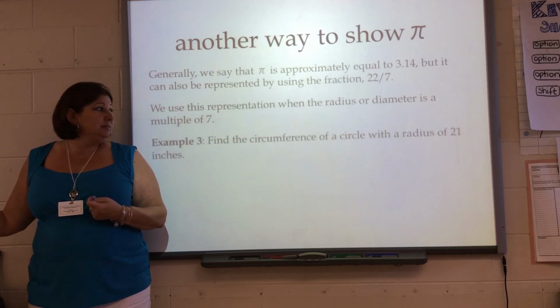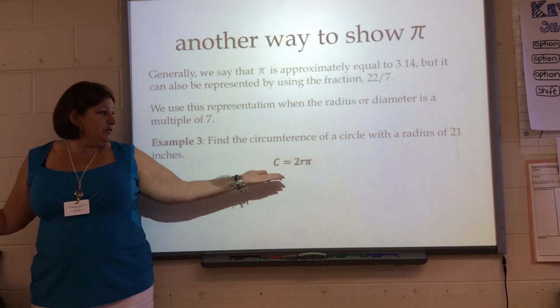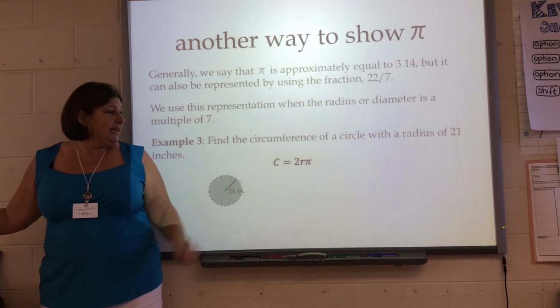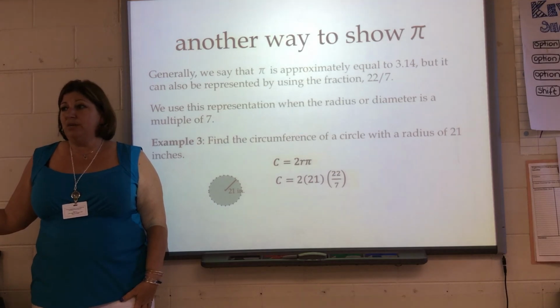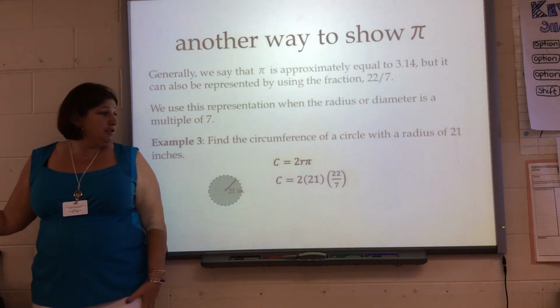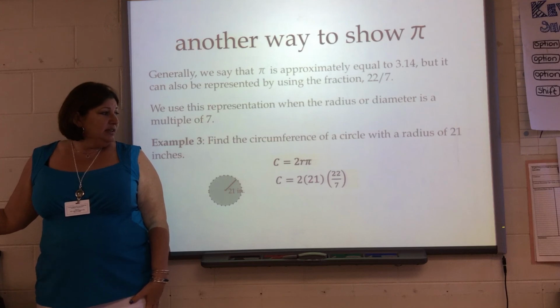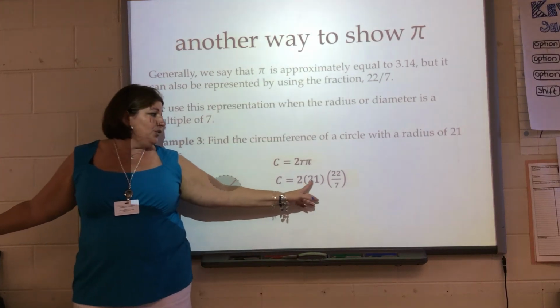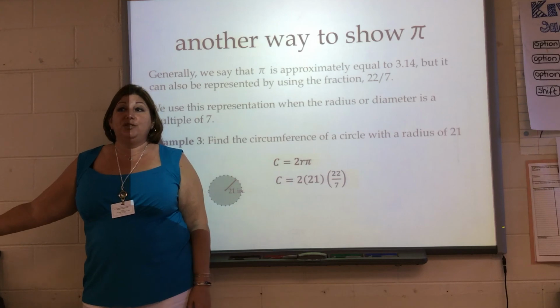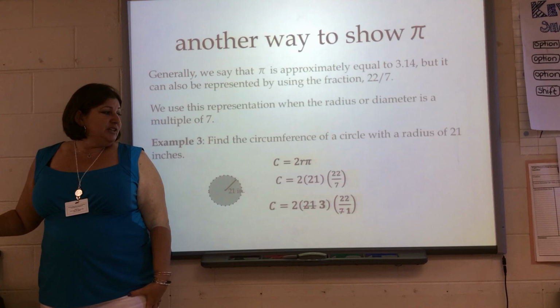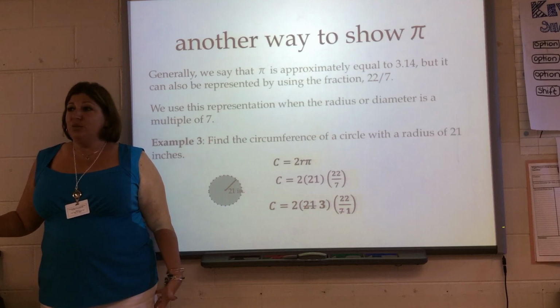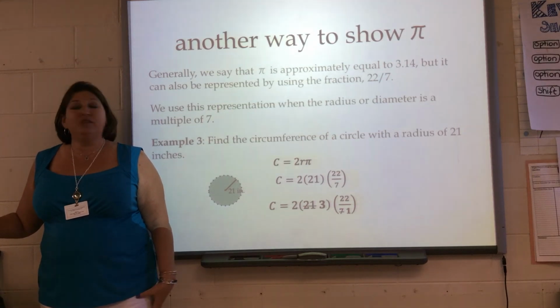So here's an example. If I have to find the circumference of a circle with a radius of 21, it's going to be this formula that I'm using because I'm given my radius. I'm going to plug in the information that I have. My radius is 21 and my approximation for pi is 22/7. But do you see how using cross products I'll be able to simplify? 7 goes into 21 3 times, 7 goes into 1 once, 7 goes into 7 once.